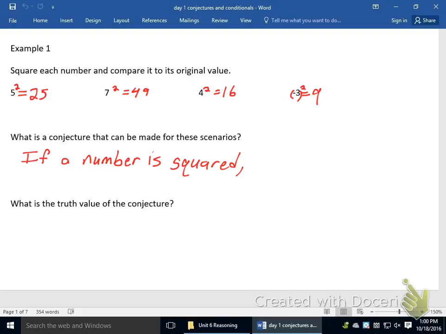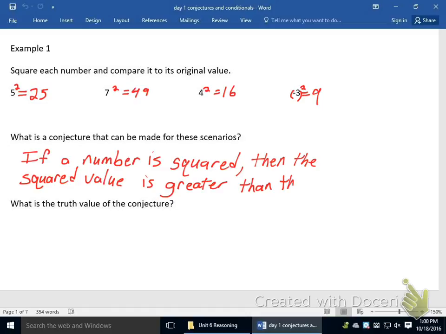Then the square is greater than the number. A little bit of writing in today's lesson and throughout geometry.